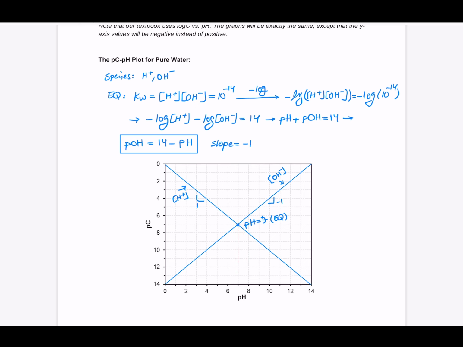So as we mentioned, OH minus and H plus are present in every aqueous system. So basically, no matter what system we're looking at, we always have these two lines. If we're adding acid, if we're adding base, either strong or weak, we always have these two.